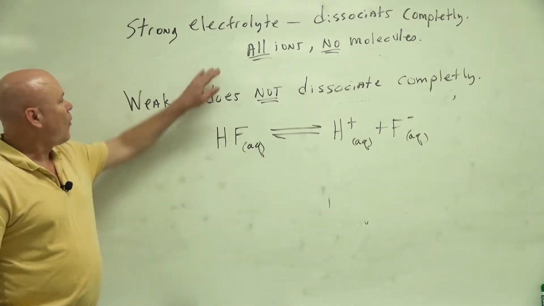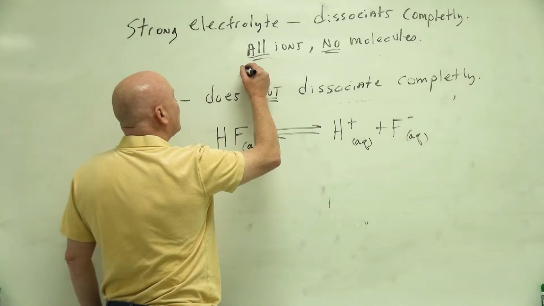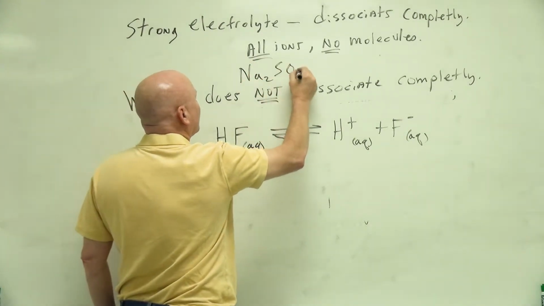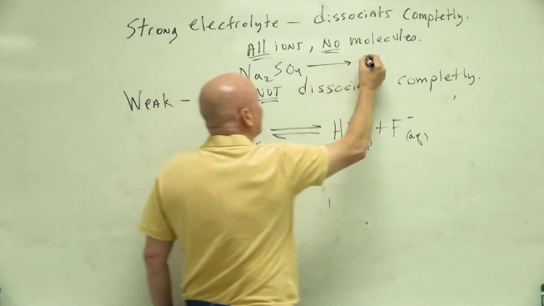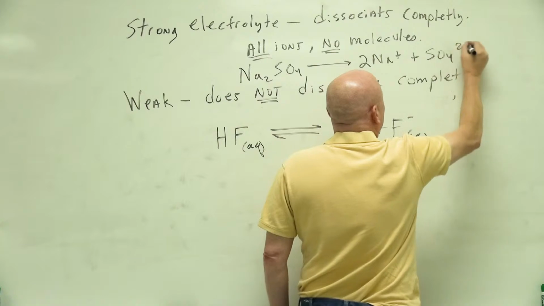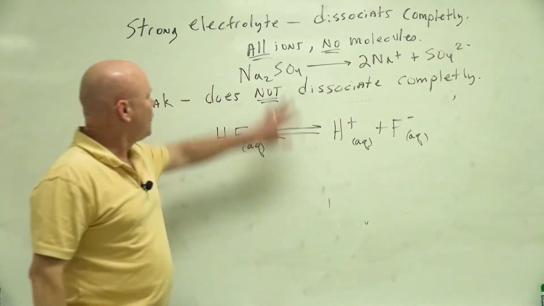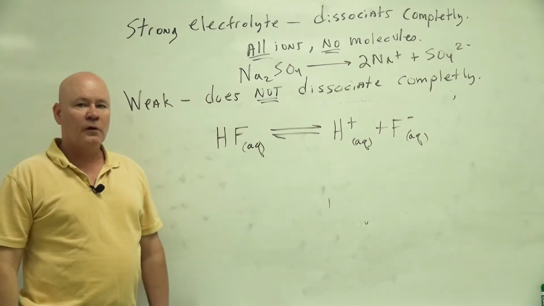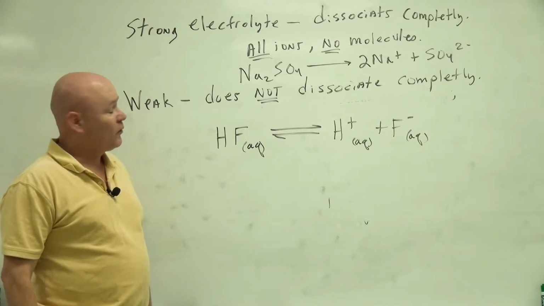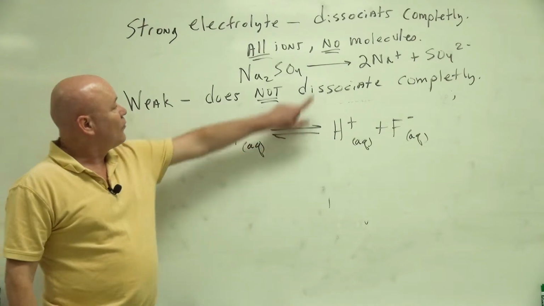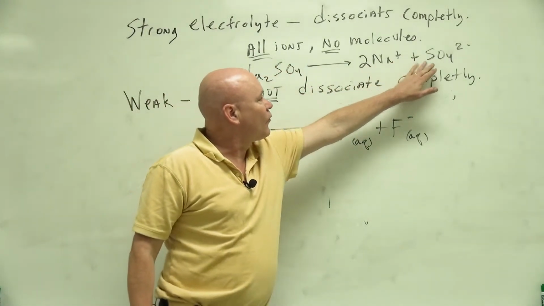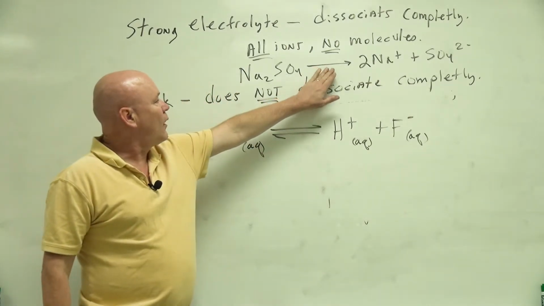Now, let me draw up here one of the previous ones that we just did. Let's say we had that sodium sulfate up here, and it dissociated into the 2 sodium pluses plus the SO4 2 minus. Can you notice the difference between these two equations? Well, the only difference that I see, besides that they're different things, is this one right up here, the sodium sulfate going into the sodium ion plus the sulfate ion, is that there's one arrow.